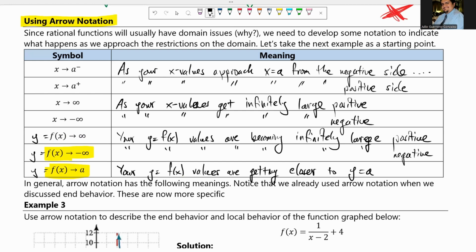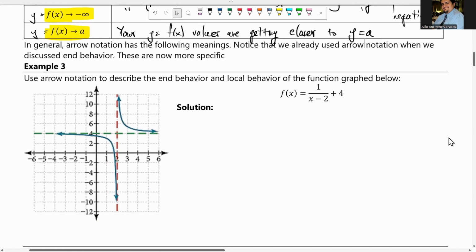In this case, we're saying that our y values, or our f of x values, are getting closer to a specific value y equals a. So why have this? It's for graphs like these.